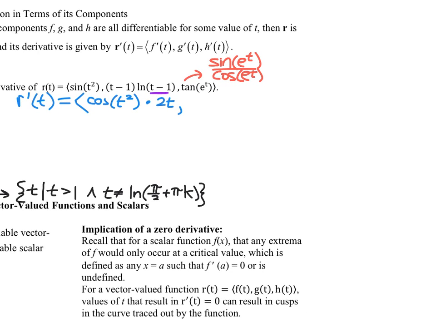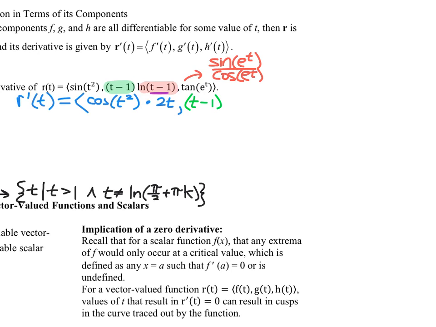The second piece, I'm going to highlight the two factors that make up the product. Product as in product rule. So the first, t minus 1, times the derivative of the second.